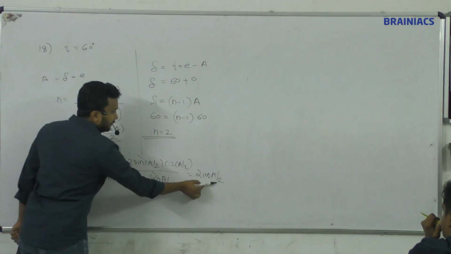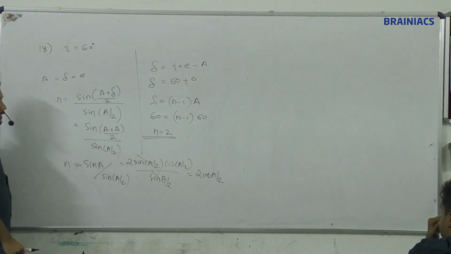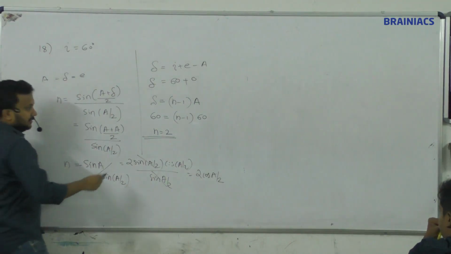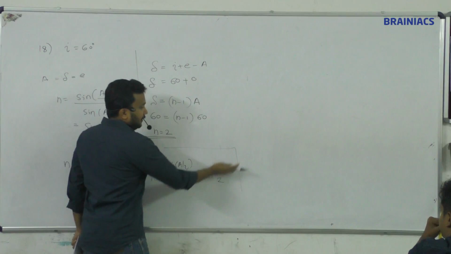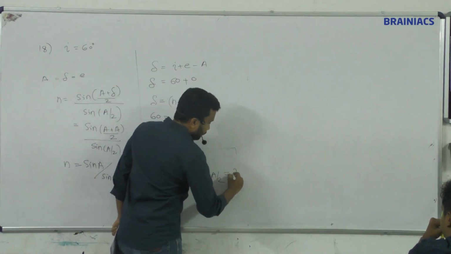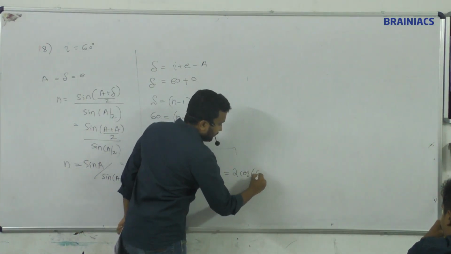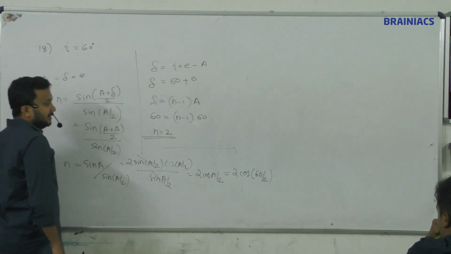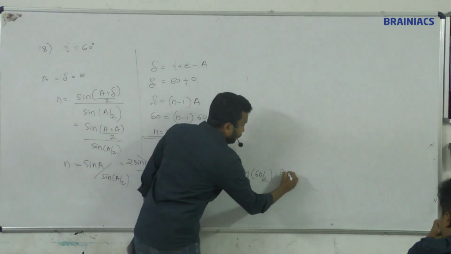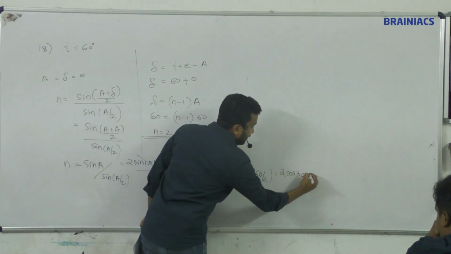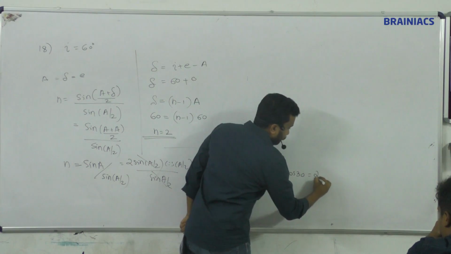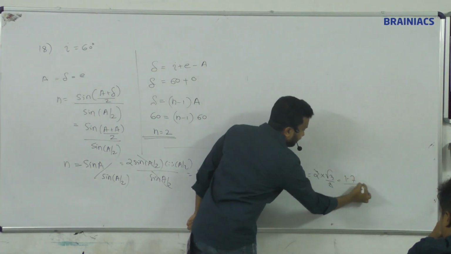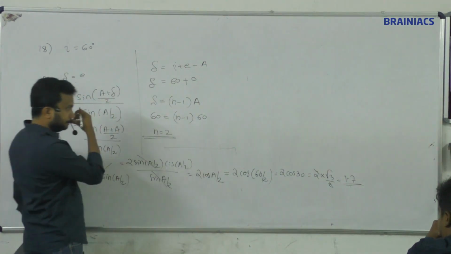Why is it not coming like that? That's what I'm thinking. One second. This means 2 cos of 60 by 2. This is what you told, right, Aishwarya? So 60 by 2 means 30, 2 into cos 30. Cos 30 means 2 into root 3 by 2, that is 1.7. But where is the answer?